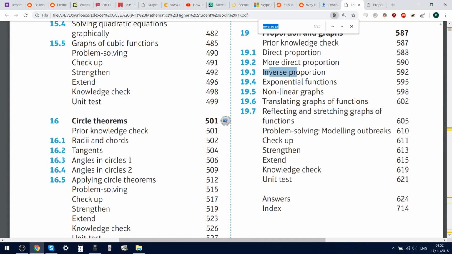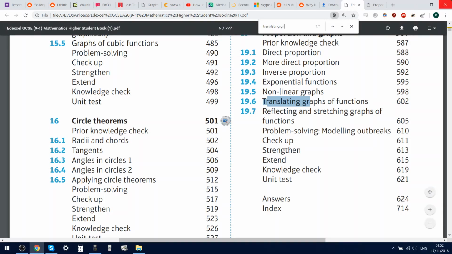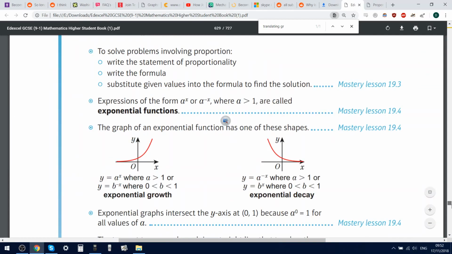So let's try this. Translating graphs of functions. Ouch. Will my book even be able to load it? Page 600. So what is this one?